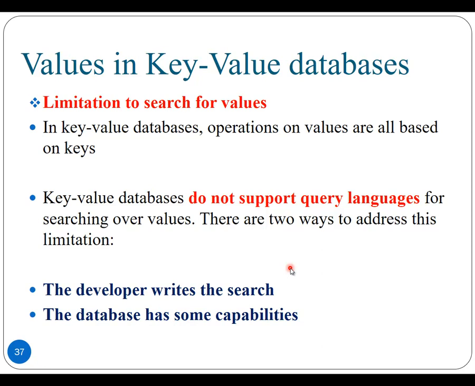We should define the keys, and we gave a method for defining keys in this database. And we talked about why this database is simple, why it is fast, and why it could be scaled.